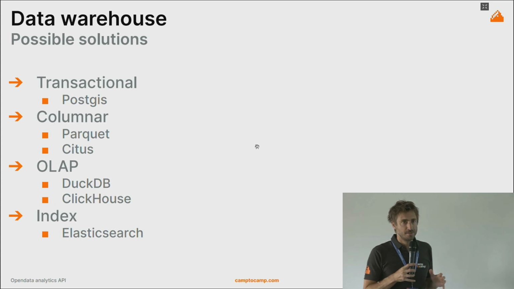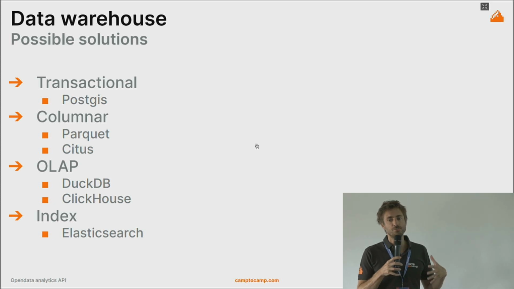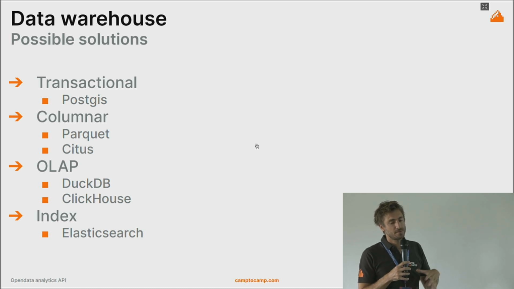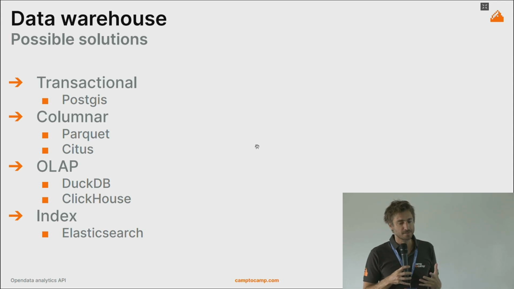Then there is the question of how we are going to store the data. So I talked about the API design, and now on the left part, there is the data themselves. There are different solutions for that.